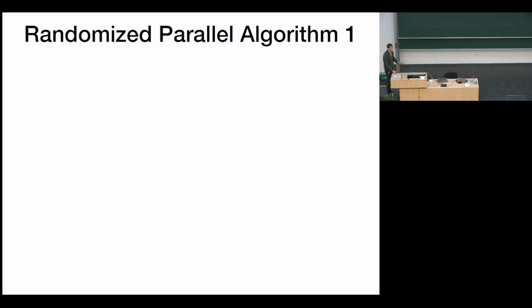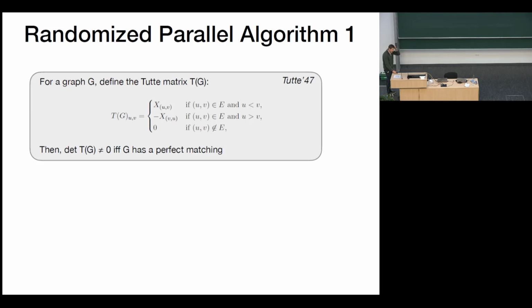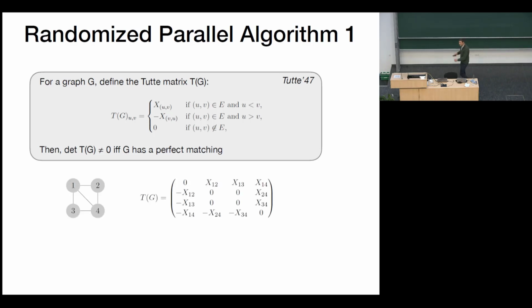Let's take the randomized parallel algorithm. They're all based on the Tutte matrix. This is some matrix associated to a graph whose determinant is not identically 0 if and only if G has a perfect matching. So it's a determinant with a variable for each edge in the graph. This is the matrix, and so on, but don't worry.